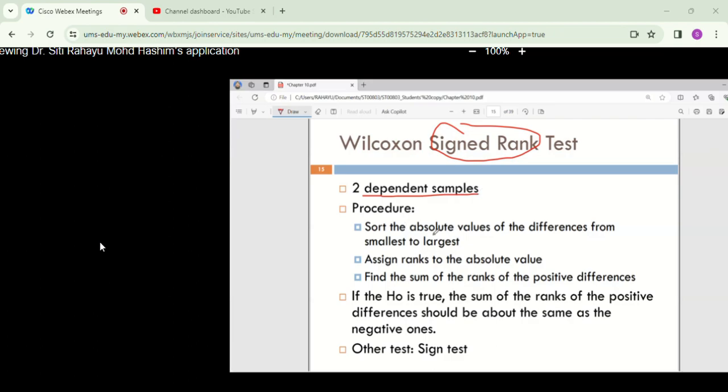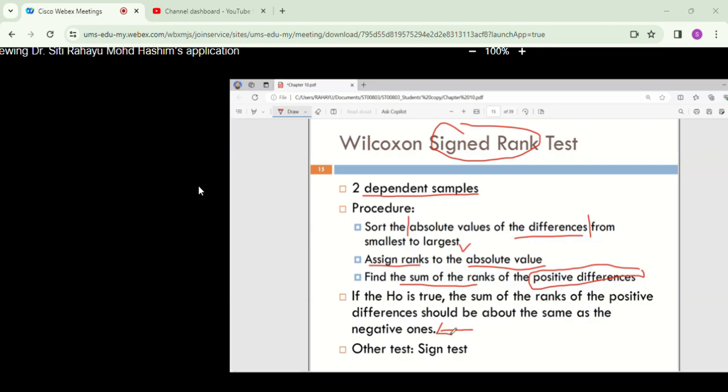We just sort the values, but in this case the absolute values of the differences, not the raw data, but the differences, from smallest to largest, in ascending order, and then we assign ranks to the absolute values. And then we need to find the sum of the ranks of the positive differences. If the null hypothesis is true, then the sum of the ranks of the positive differences should be about the same as the negative one.